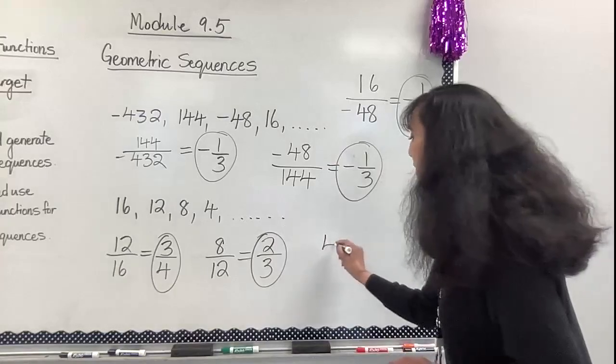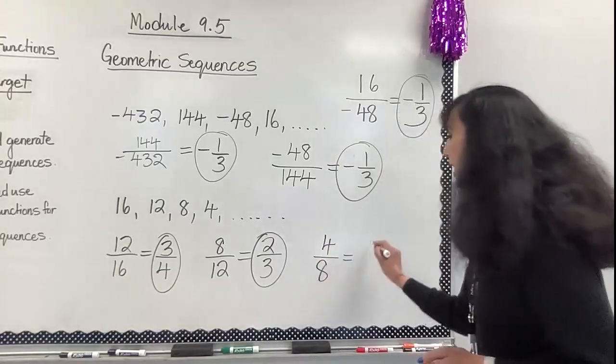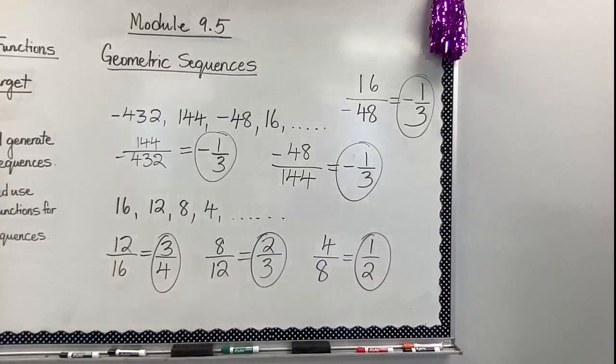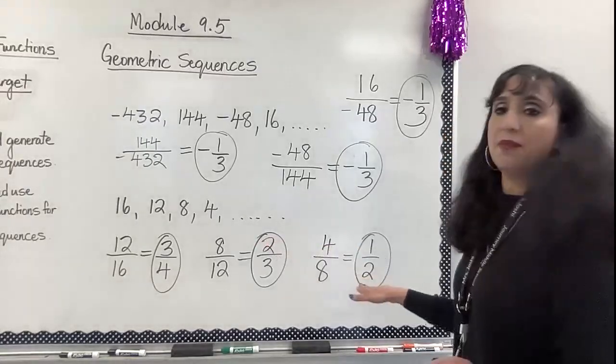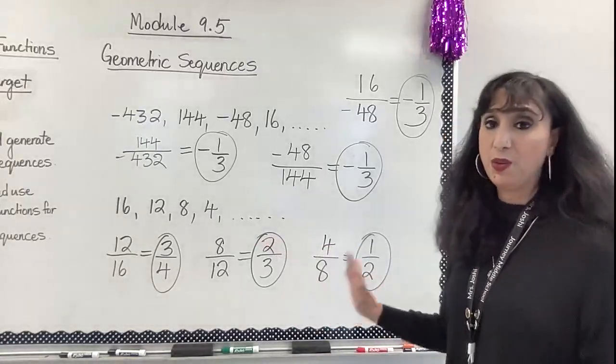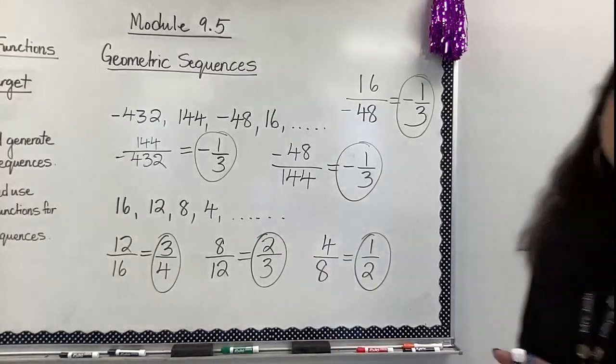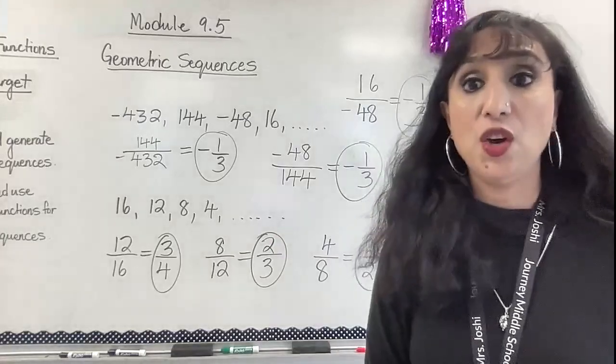Then I'm going to divide 4 by 8 and I get 1/2 in simplest form. Now, are the ratios the same? No, 3/4, 2/3, and 1/2 are all different ratios. And so therefore, the sequence is not geometric.